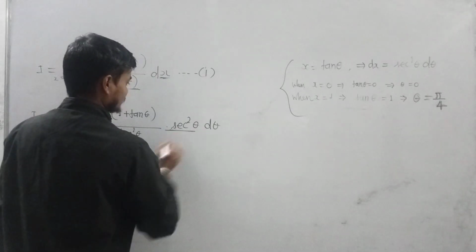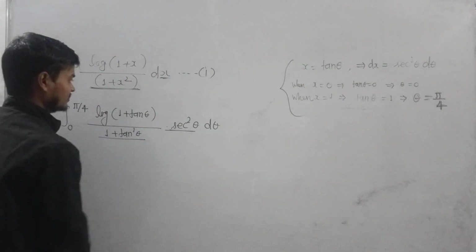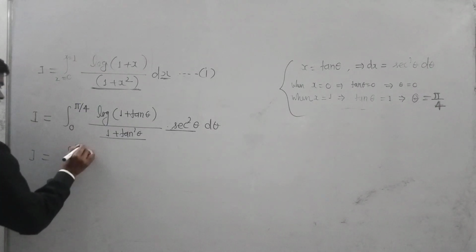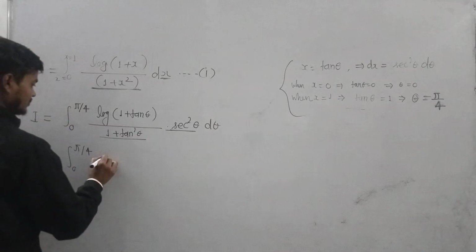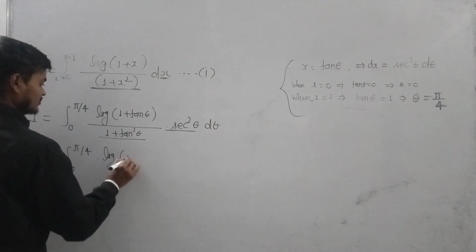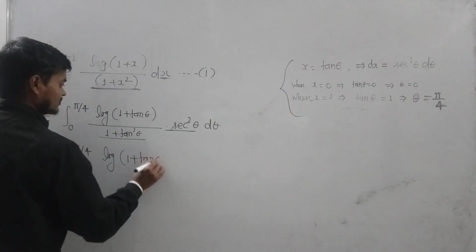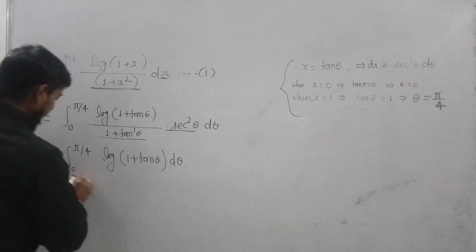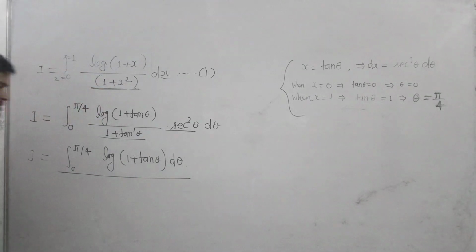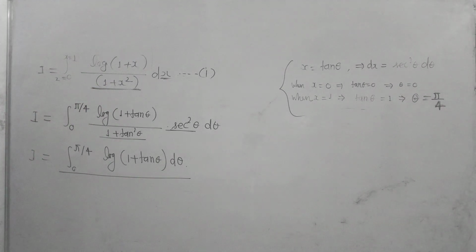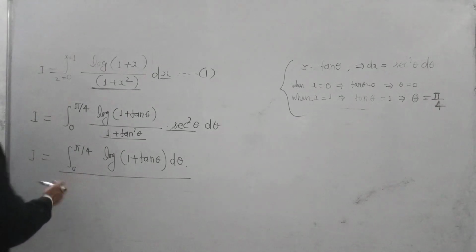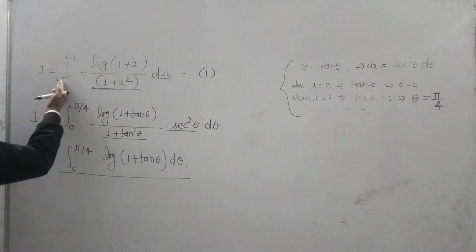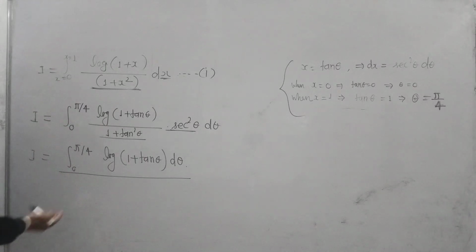This implies that this quantity and this quantity will be cancelled and we get 0 to pi by 4 log of 1 plus tan theta d theta. This integral also comes in UP board examination, so we can solve easily from here and further solve.